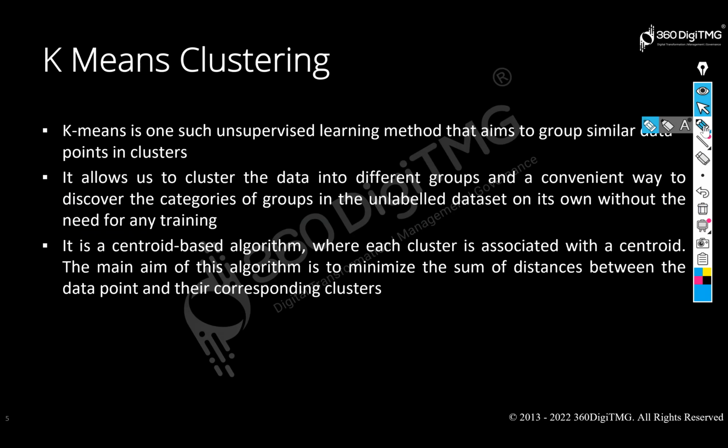K-means clustering. K-means clustering is one such unsupervised learning method that aims to group similar data points in clusters. It allows us to cluster the data into different groups and is a convenient way to discover the categories of groups in an unlabeled data set on its own without the need for any training.